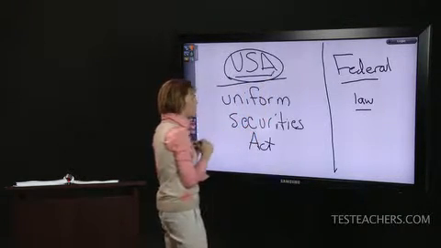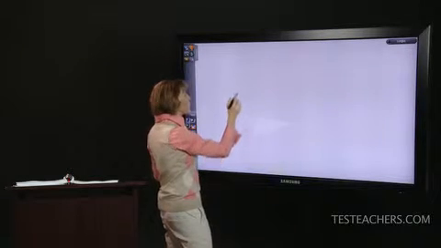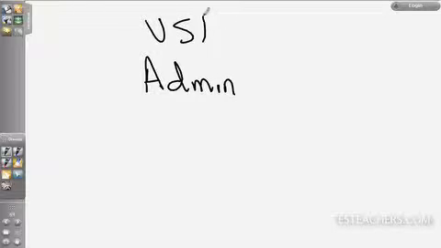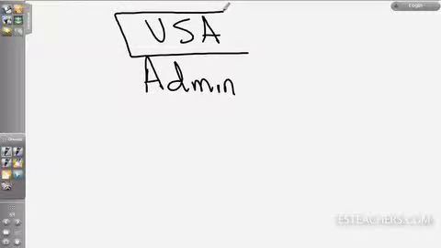This is where we're starting. So the administrator is the person that is responsible for administering securities laws in that state. So there is this Uniform Securities Act. So the administrators attempt to have uniformity across state lines, although they're not exactly the same.